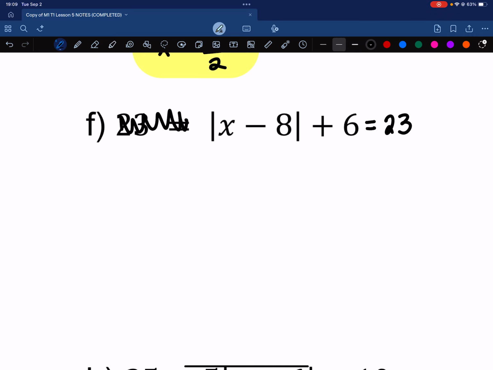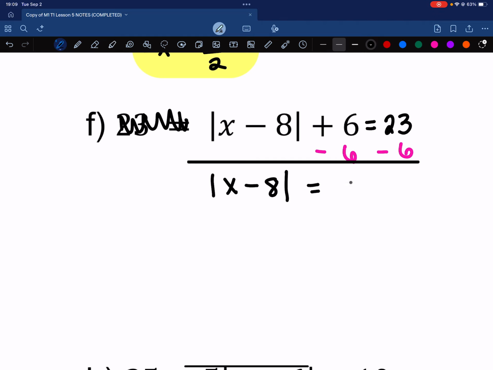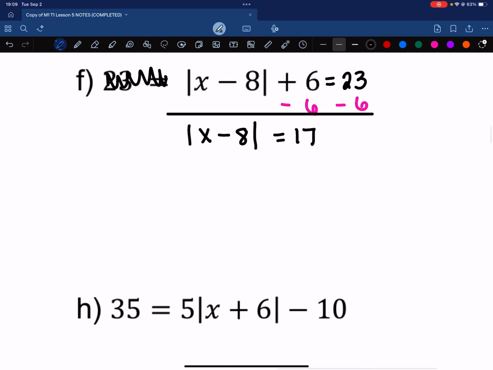But if it doesn't bother you, then you can solve it, and I promise you'll get the same answer. So we have to move the 6 first by subtracting. And so we get the absolute value of x minus 8 equal to 23 minus 6, which is 17. Okay, so now the absolute value bars are by themselves.